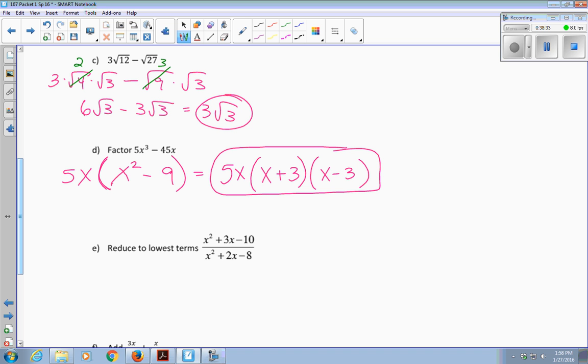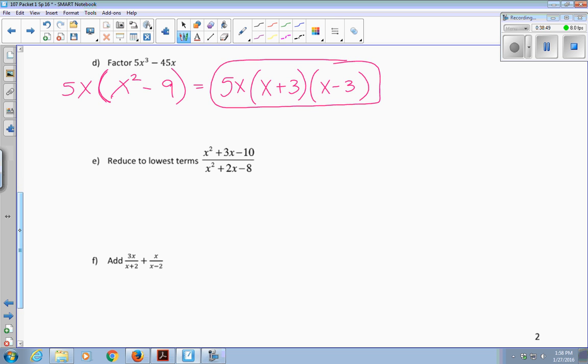The 5x I just copied from the previous line, and then x squared minus 9 factors into x plus 3, x minus 3. I would want it factored out completely, yeah. And you're right, I probably should have been more specific and written factor completely.